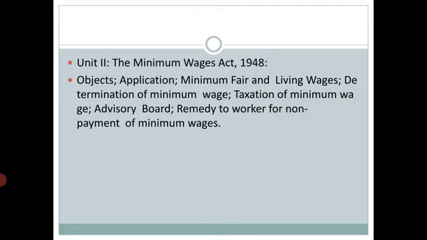Then we will see the objectives of the Minimum Wages Act 1948, then the application of the Act, then minimum fare and living wages, determination of minimum wage, taxation of minimum wage, advisory board, and remedy to worker for non-payment of minimum wages.